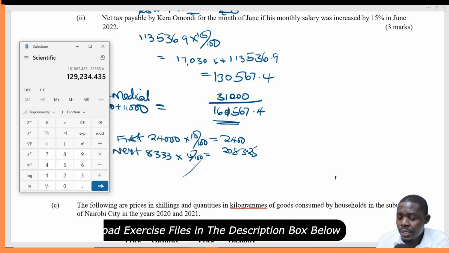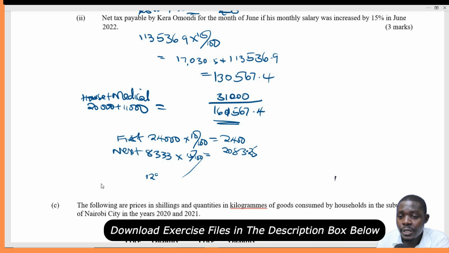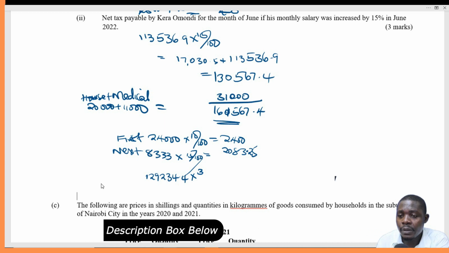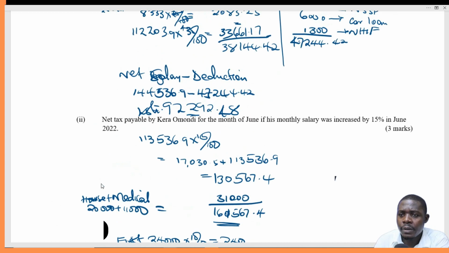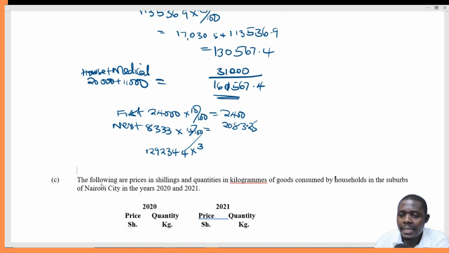We get 129. Now above we are getting 129,234.4. We multiply this by 30. Sorry, this one was 25. Here we multiply by 30/100.